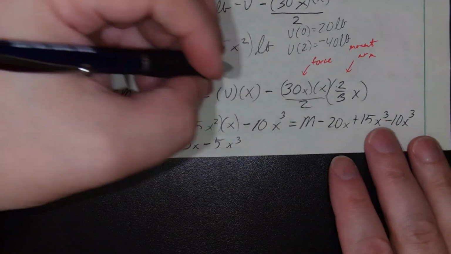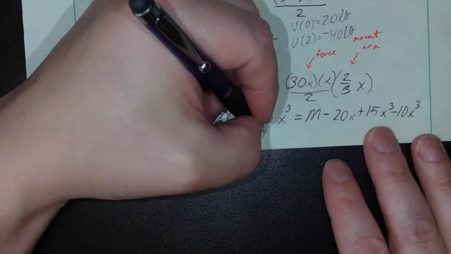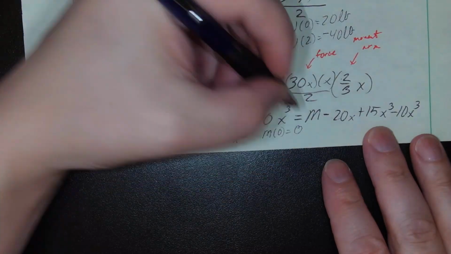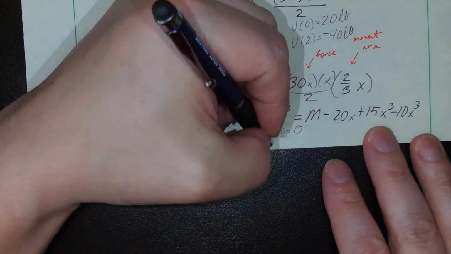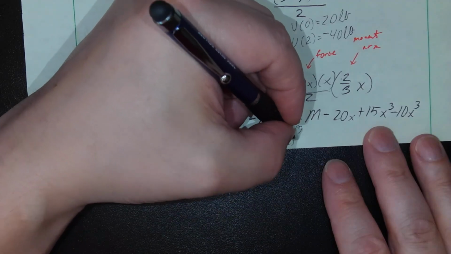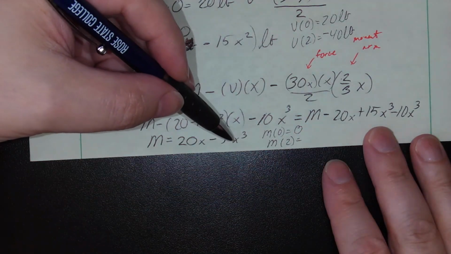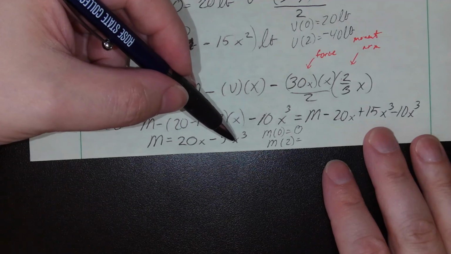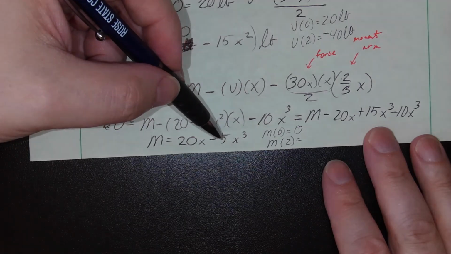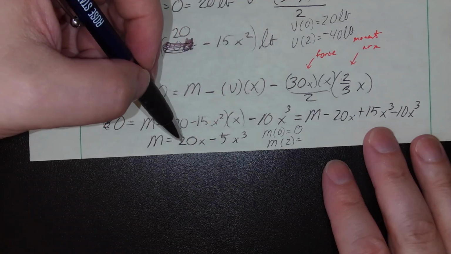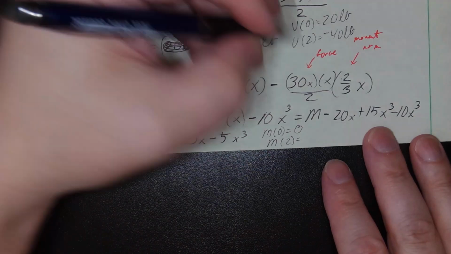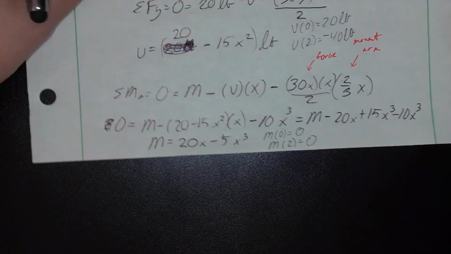Okay, all right, let's do my moment equation down here. The limits on my moment equation: at x equal to 0, I should get 0. And if I plug in x equal to 2, 2 cubed is 8, and 8 times 5 is 40, so I've got minus 40 here. 20 times 2 is 40, so I get 40 minus 40, that's 0, which is what we want.